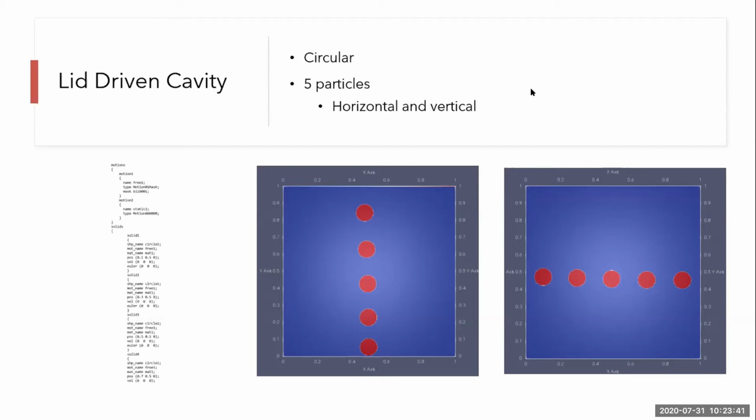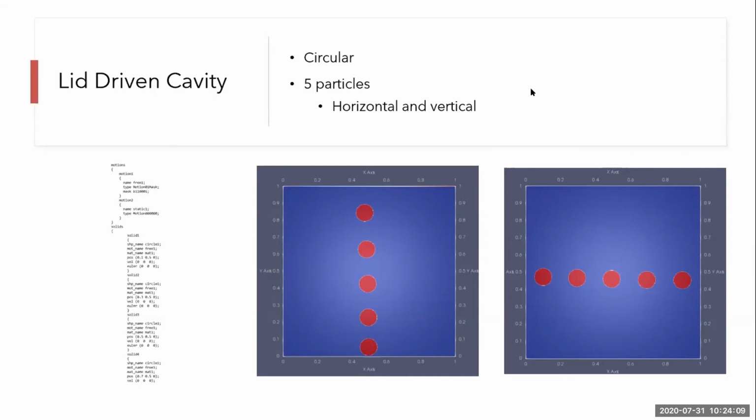On the left-hand side of the slide, it's hard to see, but it's part of a solid dictionary. The solid dictionary is like a case control file. It contains important information such as shape of the solid, density, gravity, degrees of motion of the solid, position of the solid particles, and many other useful parameters.